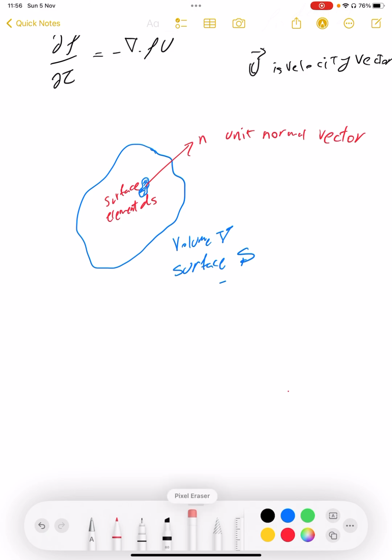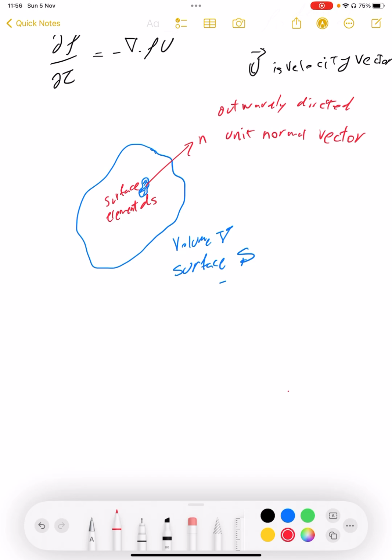So the size of the normal vector is 1, and it's pointing outwardly. So it's an outwardly directed unit normal vector n.